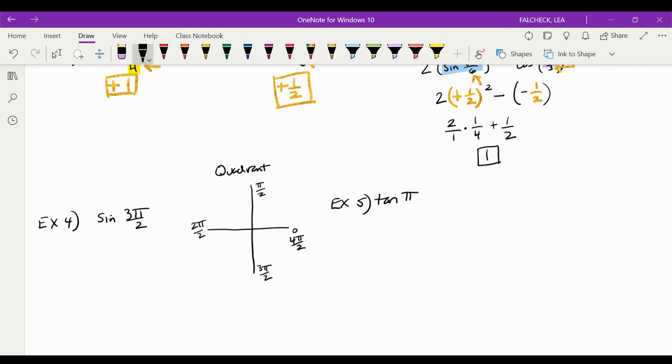And if you'll notice, these are the exact angles whenever we just use a plain old unit circle, right? So if we went around the unit circle, we would have 1, 0, 0, 1, negative 1, 0, and 0, negative 1. Okay, these are the quadrantal values.